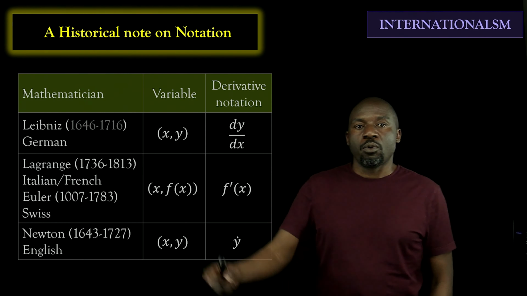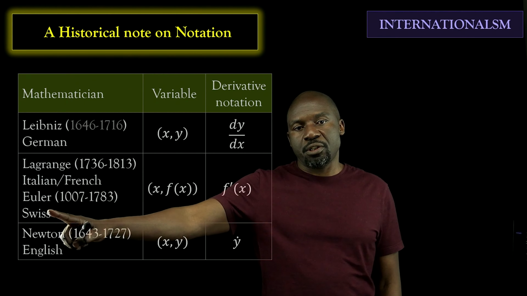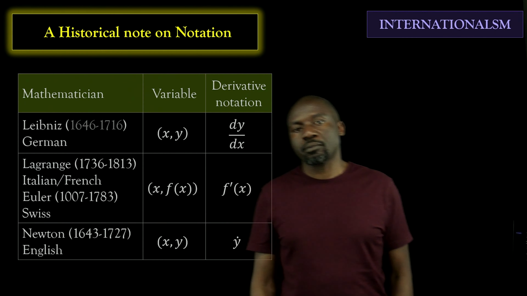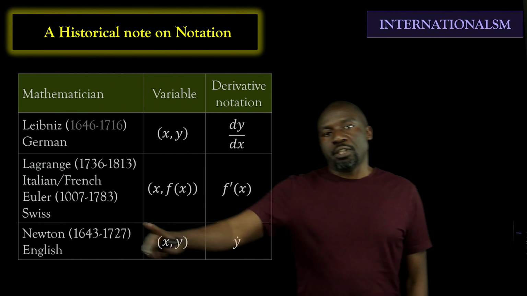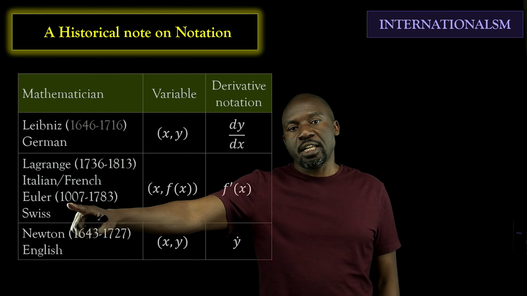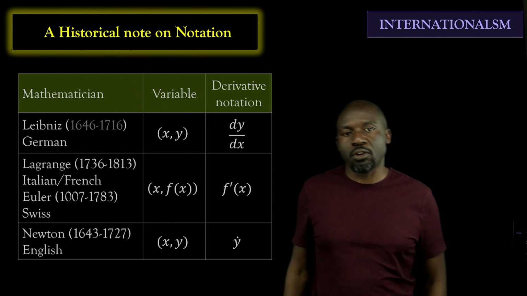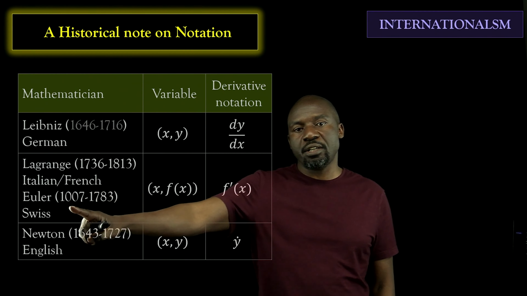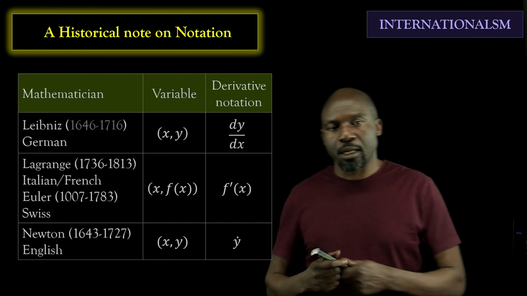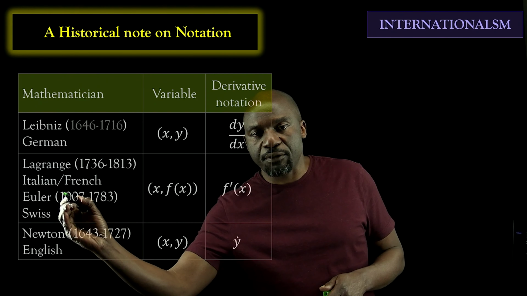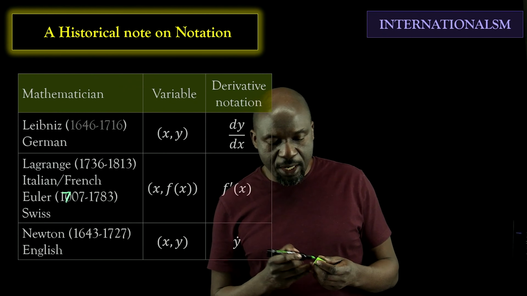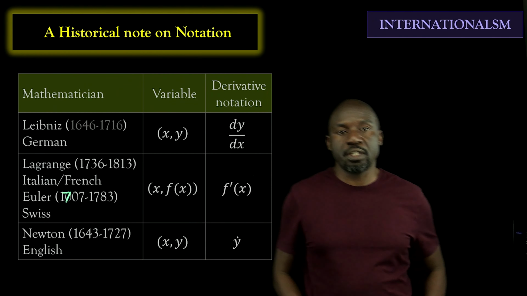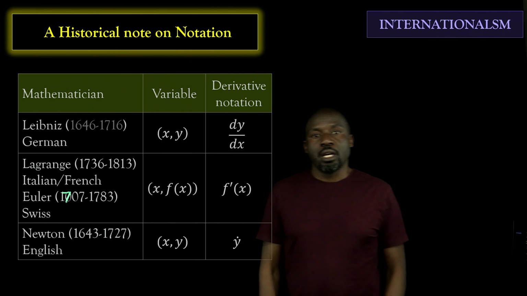The next one was actually a notation devised by Euler. This is supposed to be 17 here, not 10 or 7. This here is 1707. Okay, 1707 to 1783 was Euler.